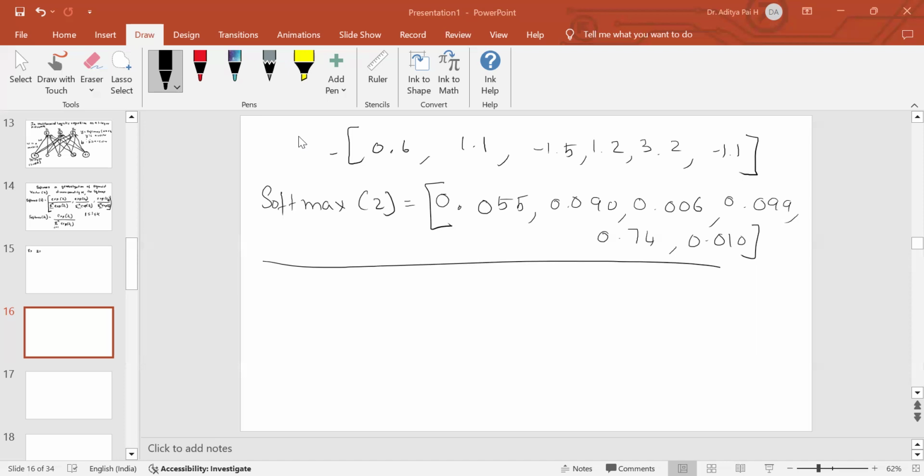What is z here? z is nothing but the weight, which is u, into h. h is nothing but the previous hidden layer output, where h is again a sigma of wx plus b.